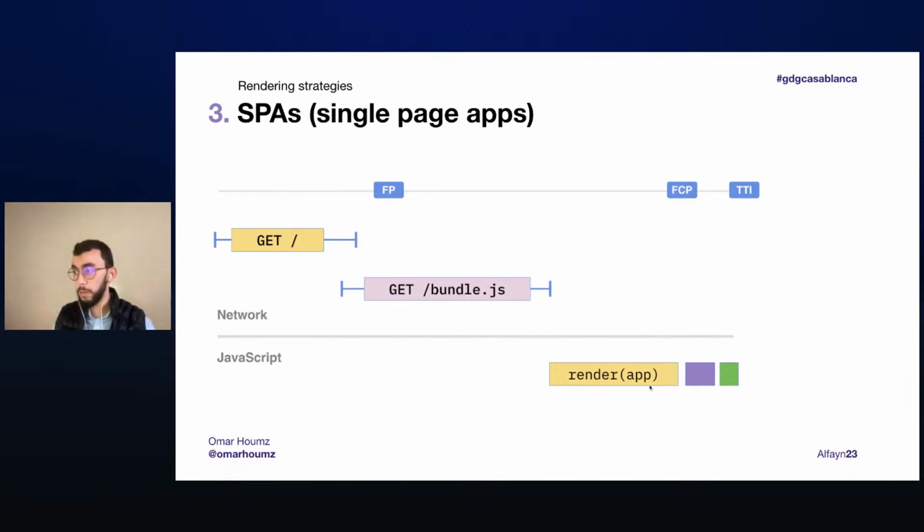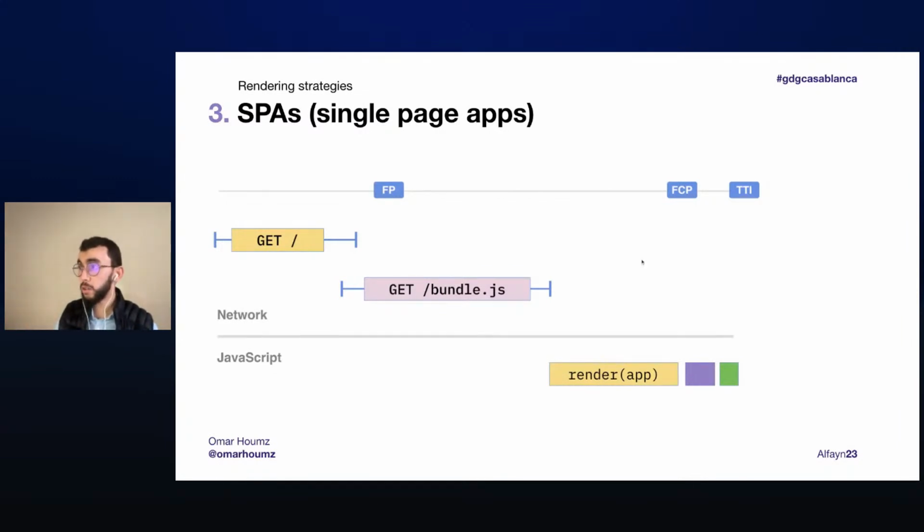So after the code is run, the browser now understands what it needs to do with the render tree. It does layout and then paint. This is what happens in the SPA case. Take note of this because we will see what SSR with rehydration does.